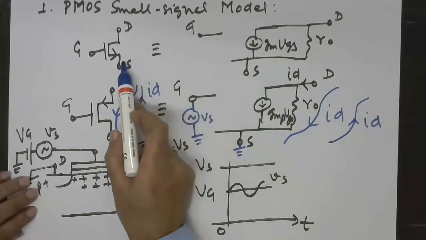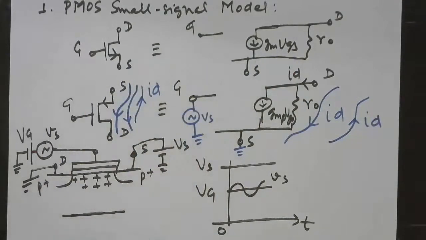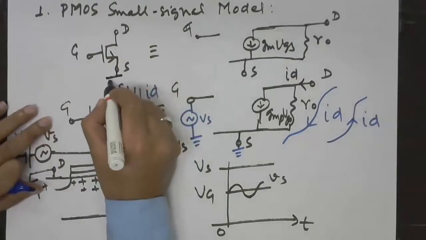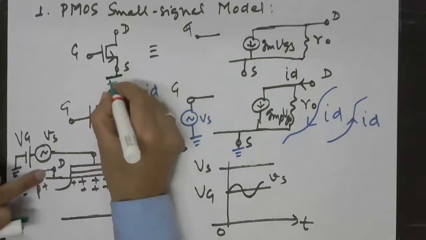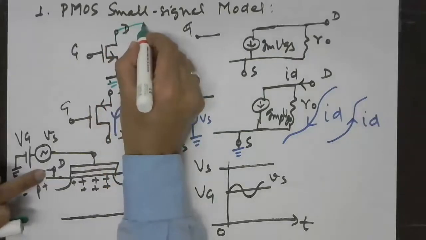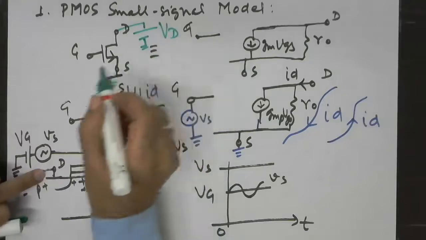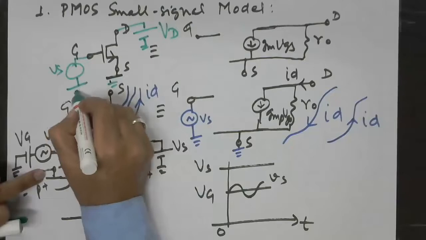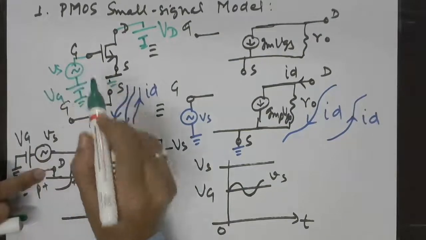Now we can quickly go to the NMOS to see that the same model gives the correct picture for NMOS also. So keep in mind that for NMOS, this source will be grounded. Right? Source is going to be grounded, and then this VD will be connected to a large voltage VD, and then again here we will have time varying VS and DC VG, right?